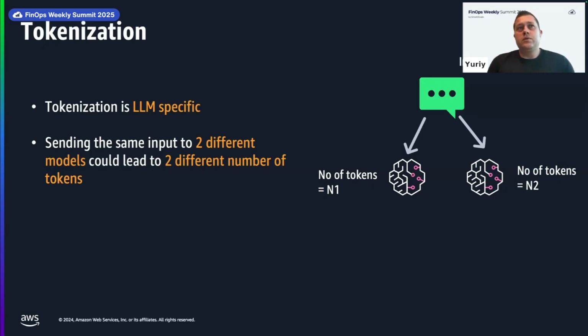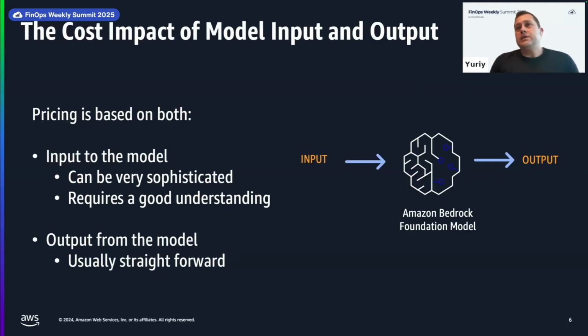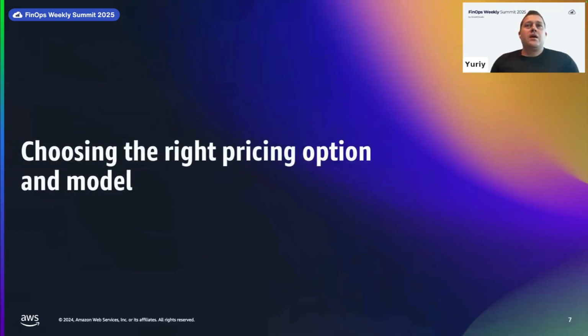The same text input sent to two different models will give you different numbers of tokens, both input and output tokens. So it's important to understand that choosing the model matters. Then, the pricing is based on both input tokens and output tokens, so both parts matter. It's not like data transfer, where only one direction is billed. Here input and output tokens are both billed, and you are paying for them.